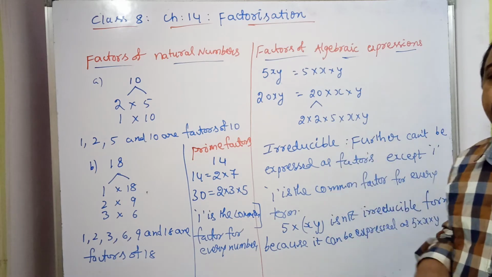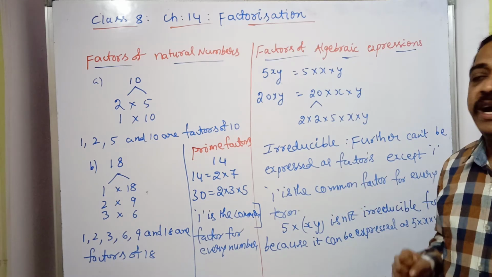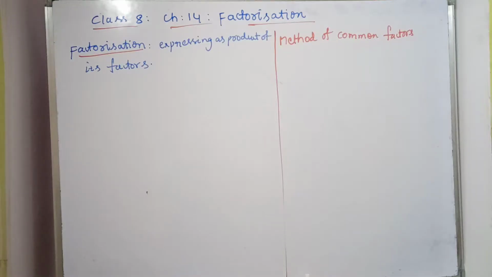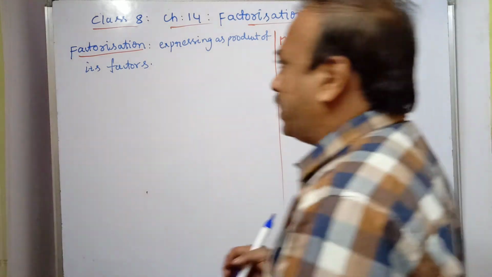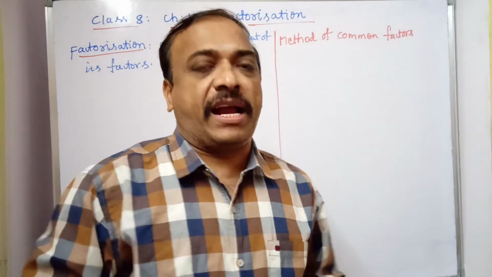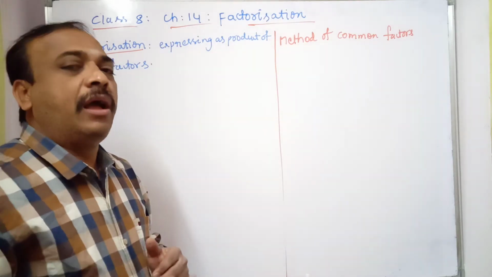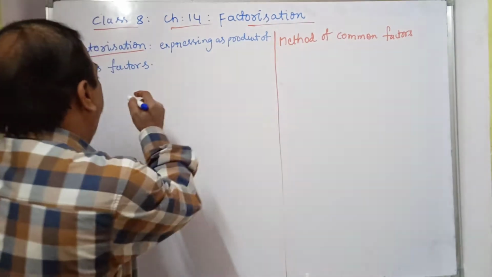Let us see what is factorization, how to find out factors for the algebraic expressions. Factorization is expressing as a product of its factors. It may be grouped together, two or more terms, or a single term, that is 5xy.